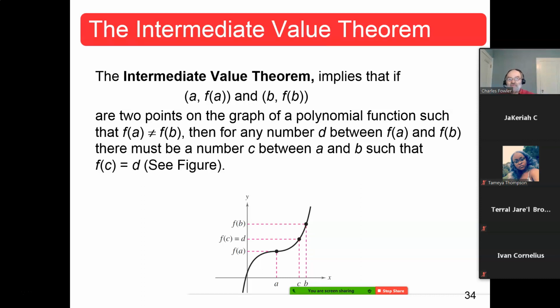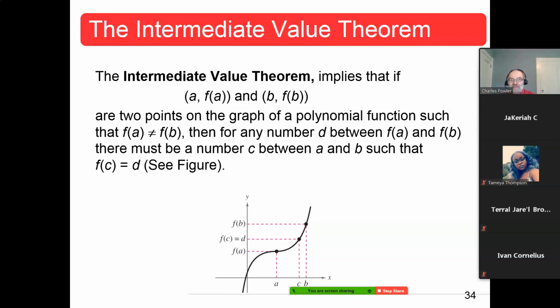These are 2 points on the graph of a polynomial function such that f of a and f of b are not the same values. F of a could be higher than f of b, or f of b could be higher than f of a. They just can't be the same value.